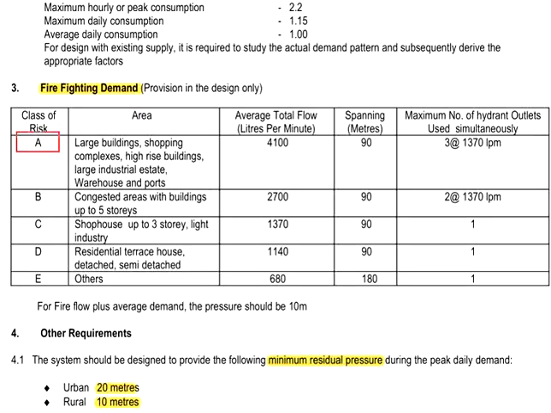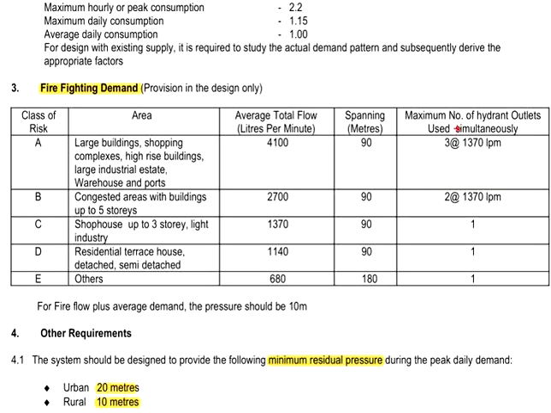As for Class A and B, which are meant for large buildings, there may be more than one fire hydrant outlet being used simultaneously. For Class A, 3 numbers of fire hydrant. As for Class B, 2 numbers of fire hydrants.